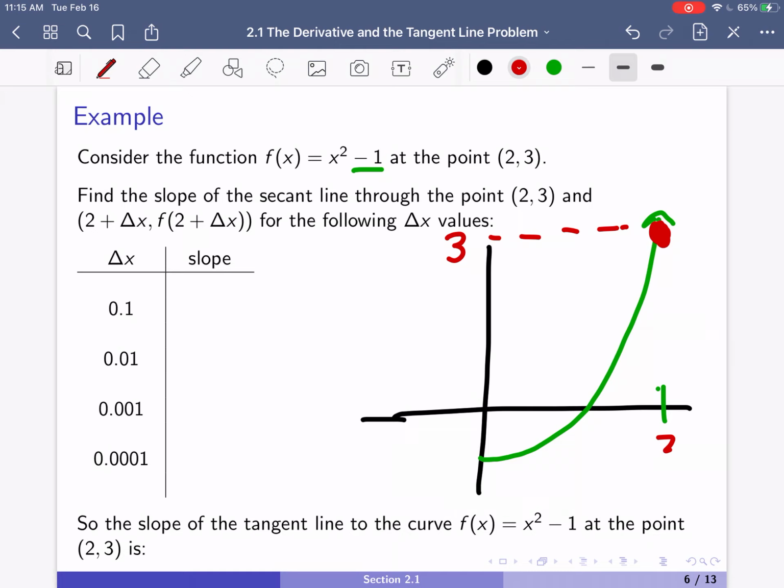And so we're going to estimate this numerically by choosing values that are a little bit more than 2. First we will choose a value that is 0.1 units above 2, so 2.1.